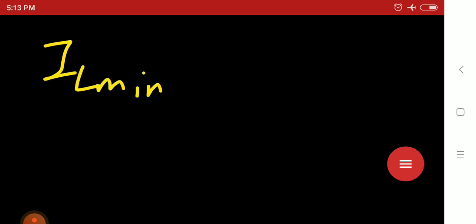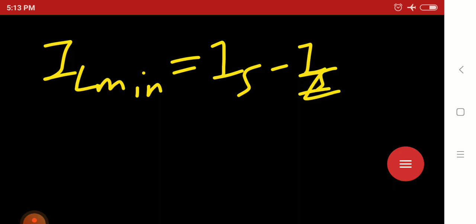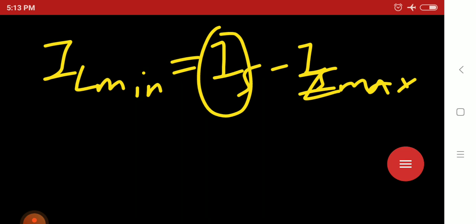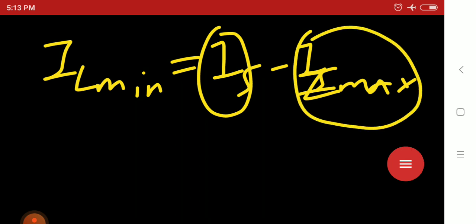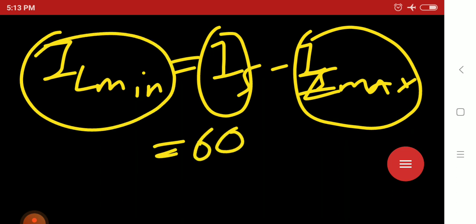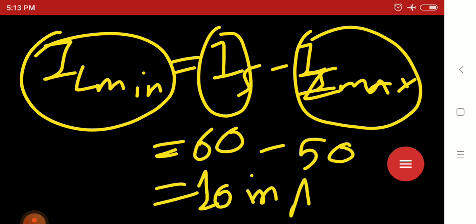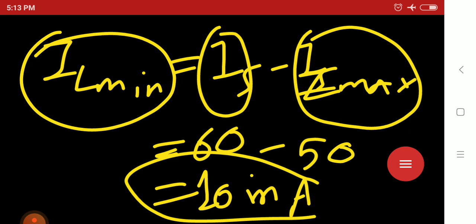IL minimum equals Is minus Iz max, 60 minus 50, that is 10 milliampere. One answer we have got: 10 milliampere minimum load current.